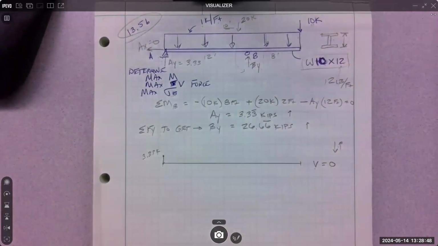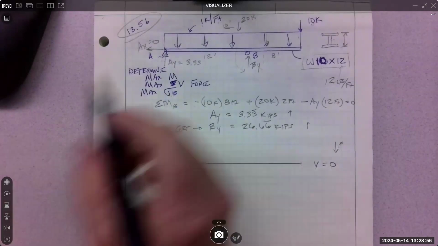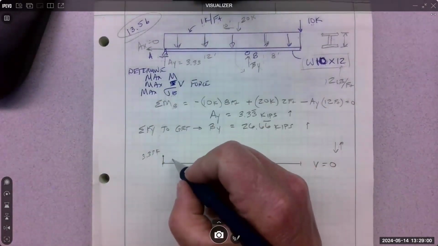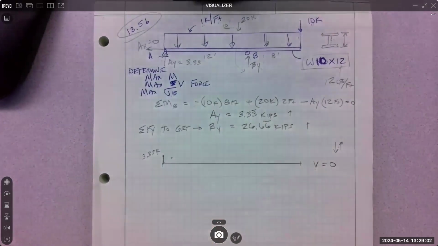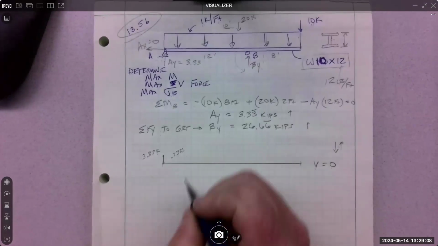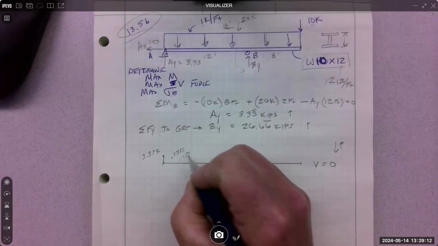Now what's happening? The distribution is going which way? Down. In every foot, how much? 1 kip. So 1 foot over, let's say in here somewhere, what's my number? Yeah, 2.33. 2 foot over, what's my number? 1.33.